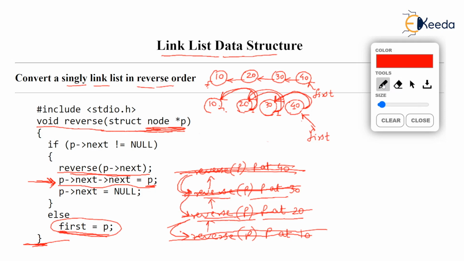And we will be back in main, because who called reverse 10? Reverse 10 was called from main. So main will resume and look, we have a reversed list with 40 as the first. Next of 40 is pointing to 30, next of 30 pointing to 20, next of 20 pointing to 10, and next of 10 is null. Great, isn't it? I hope you have understood how to reverse a singly linked list. Thank you very much.